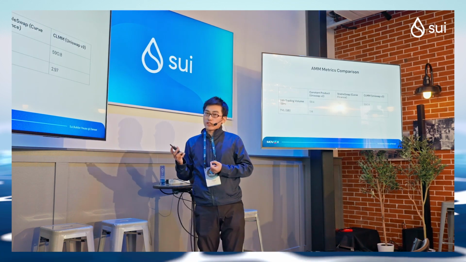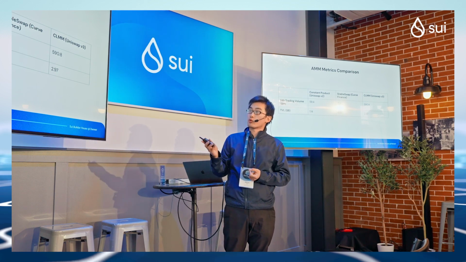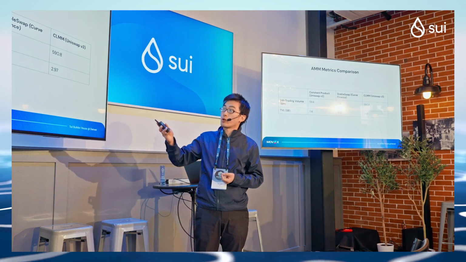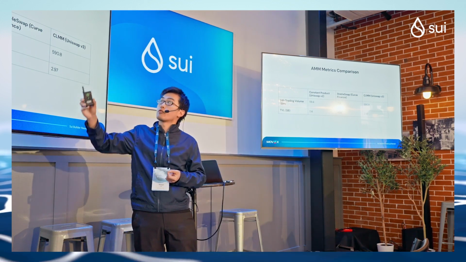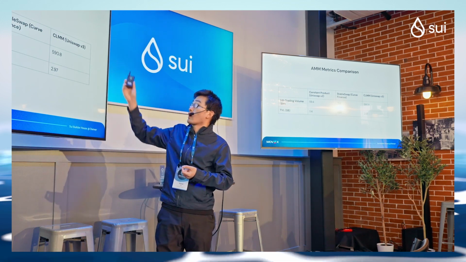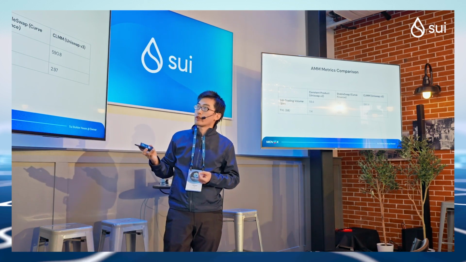So that's good enough for the theories. Let's look into how different mechanisms work in practice. We have selected the top AMMs based on the theory: Uniswap V2 representing constant product AMM, Curve representing stable swap, and Uniswap V3 representing concentrated liquidity market maker.